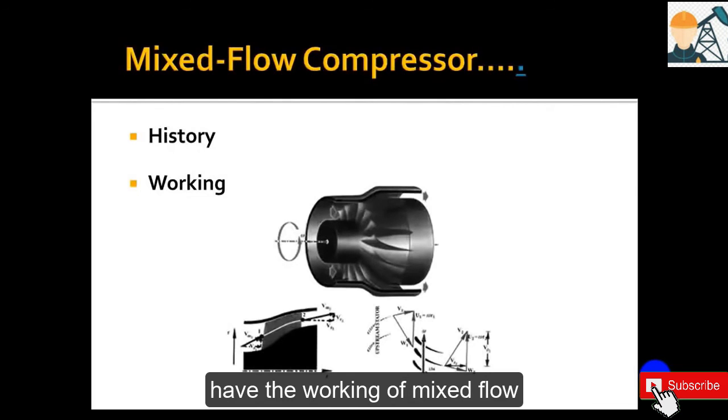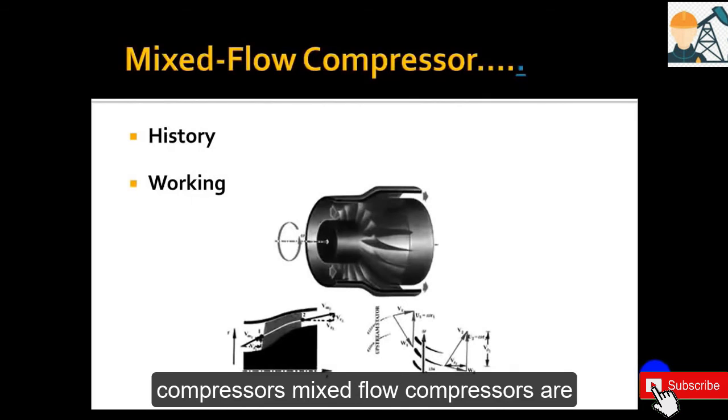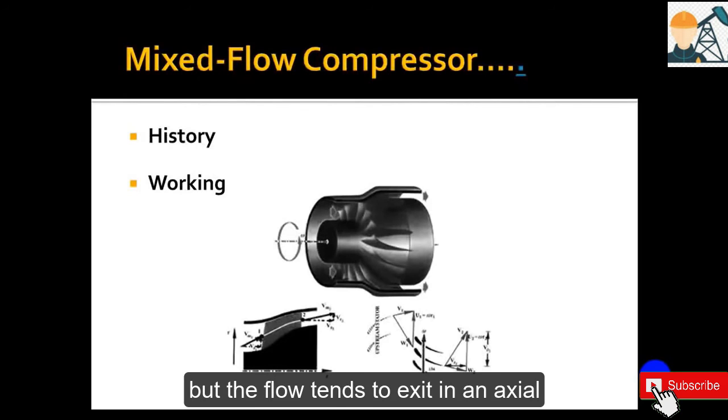Now we have the working of mixed flow compressors. Mixed flow compressors are quite similar to centrifugal compressors, but the flow tends to exit in an axial rather than radial direction. This eliminates the need for a relatively larger diameter exit diffuser associated with centrifugal compressors.